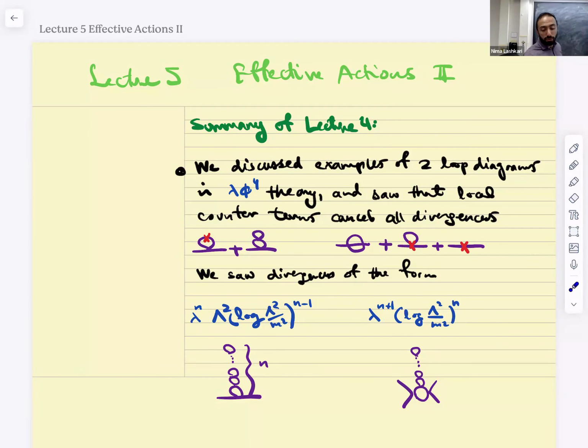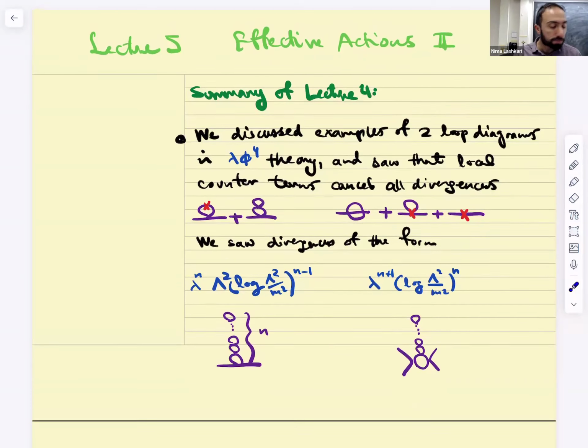Of course, you have to correct these guys at every order, but what matters is that you don't need to introduce new counterterms. All it takes is a perturbative series expansion for these delta z, delta lambda, and lambda, a loop expansion.